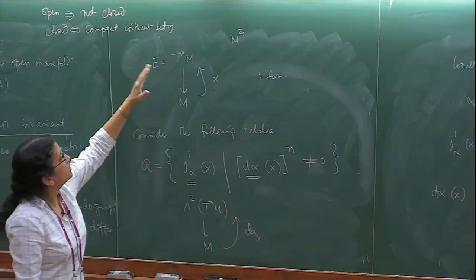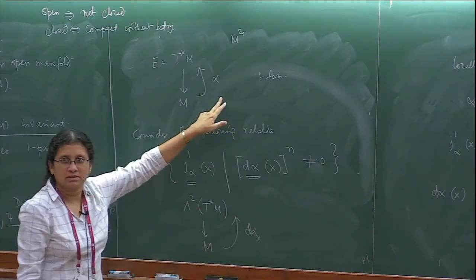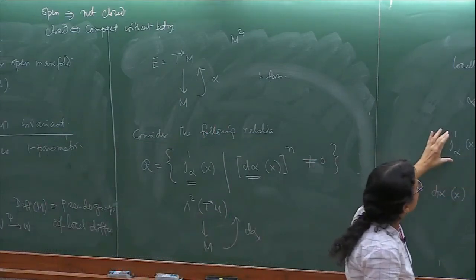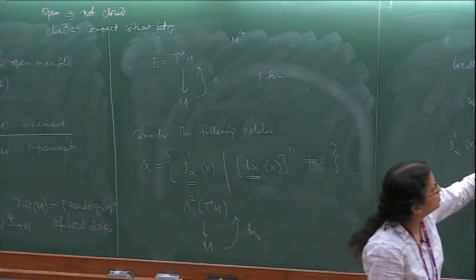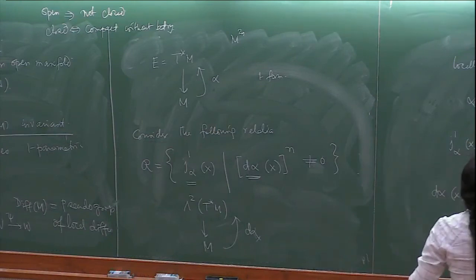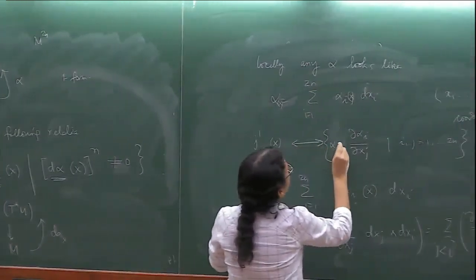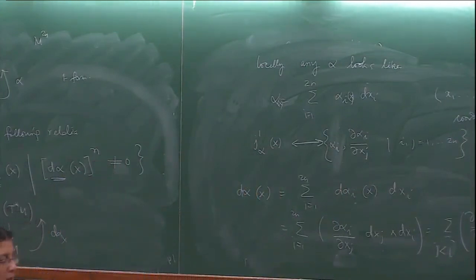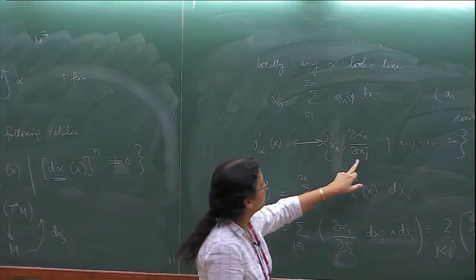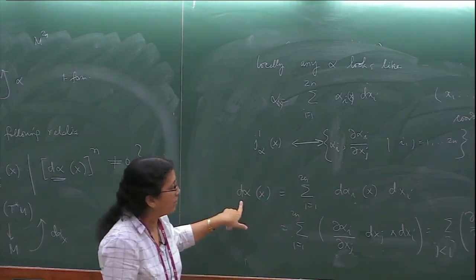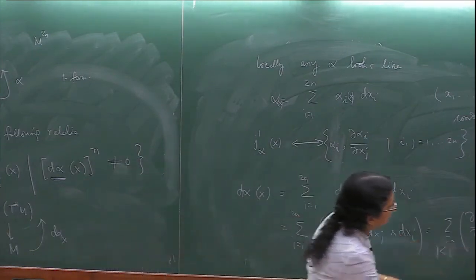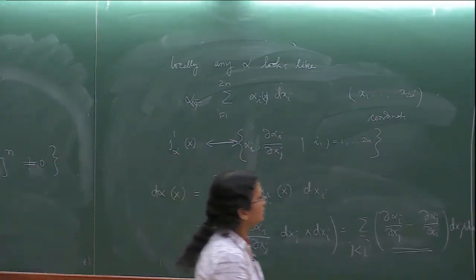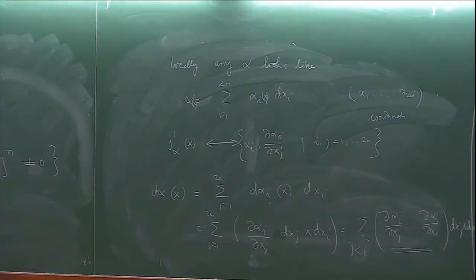You have to consider the one jets of all these things, with M locally R^2n. So your relation means that J1 alpha is captured by these. Sorry, I missed out some more information. Also the alpha_i's, the values, are also part of the jet, functional values and their first partial derivatives. Whereas when you look at the d alpha part, then these are only a relation in terms of this. So let's see what is happening.